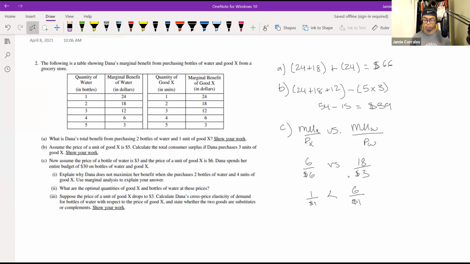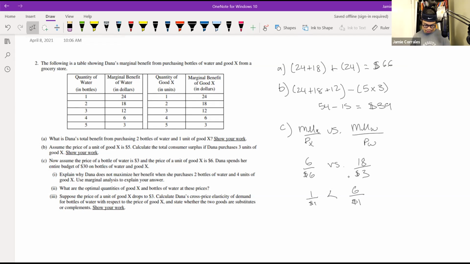So for every $1 spent on water, Dana gets a marginal utility of 6. Wait, I think I messed it up here.